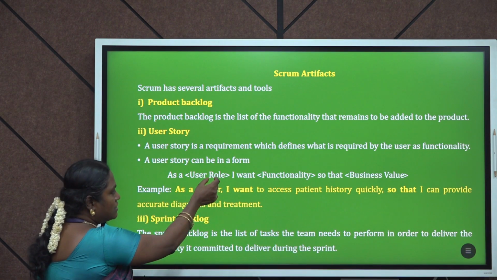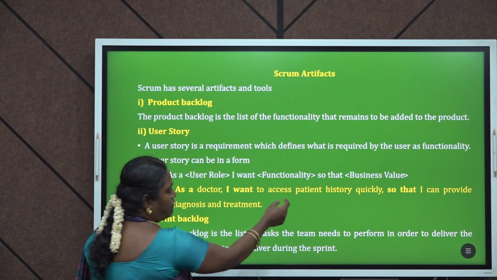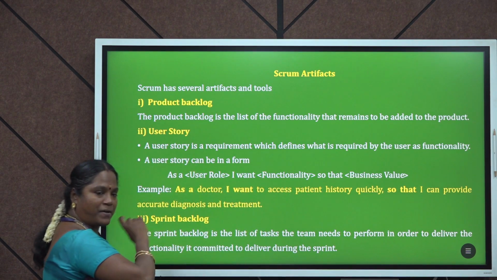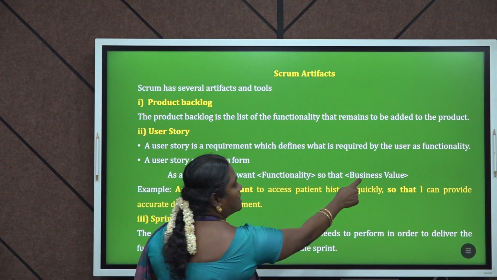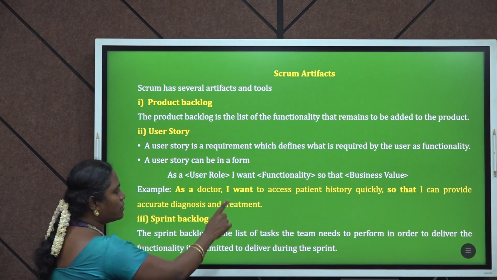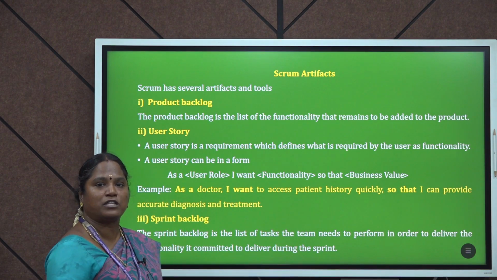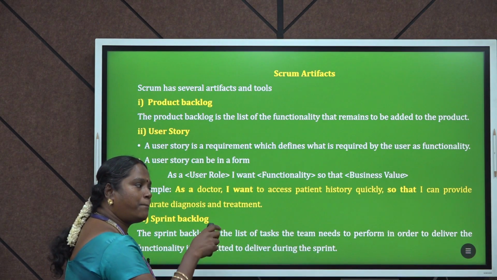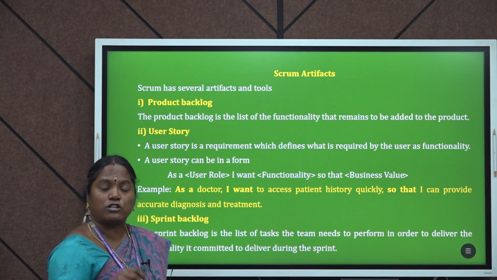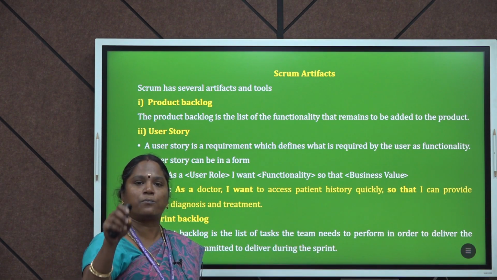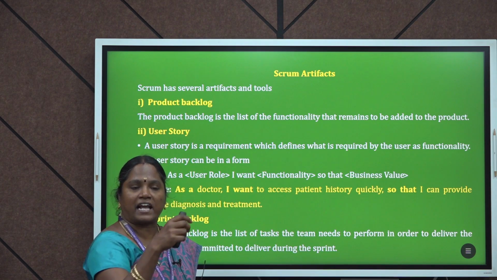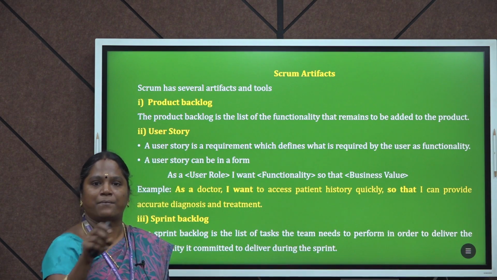Here, the user role is doctor, the functionality is to access patient history, and the business value is that they can provide clear diagnosis and treatment to the particular patient. From the patient's point of view, they want to book a session and avoid the waiting time in a queue.